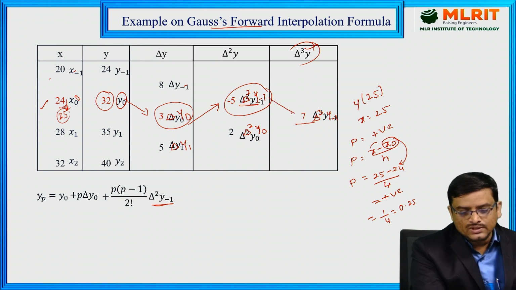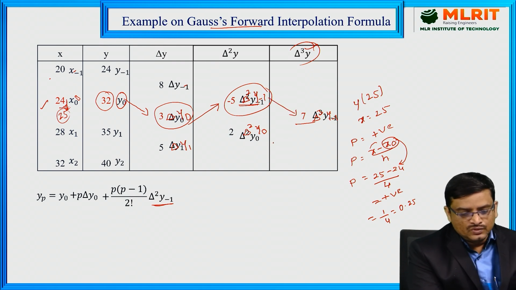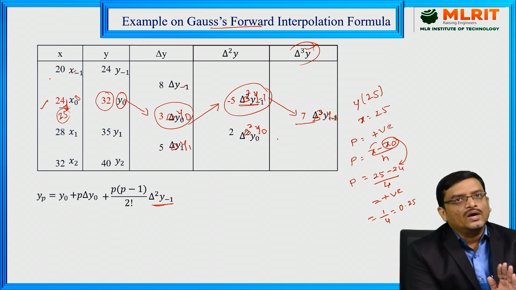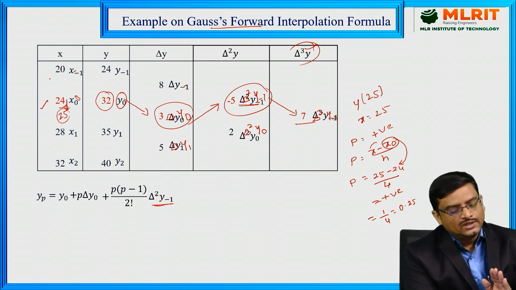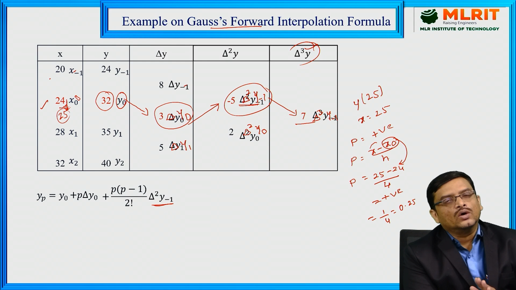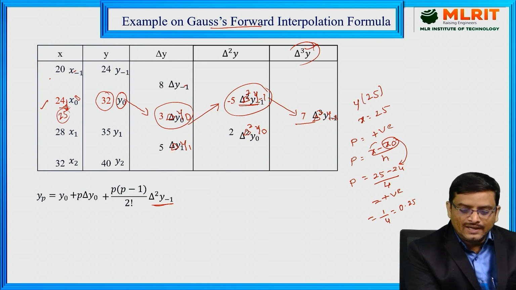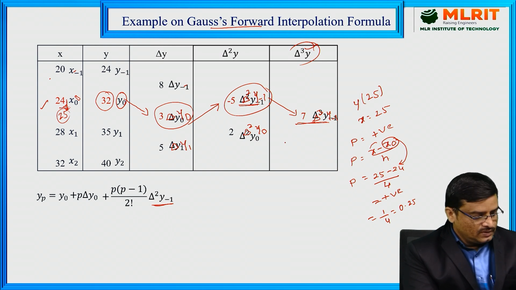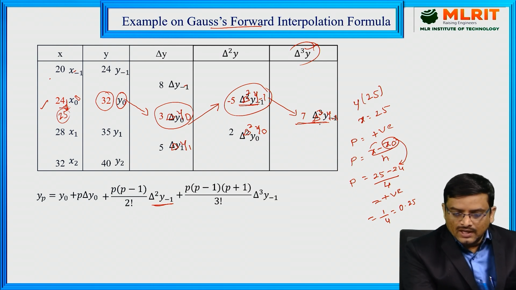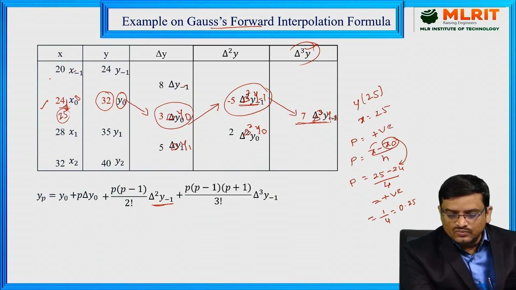Now move towards the downward direction here. One step we move downward, next step we move upward. Like this, alternately we have to move upward and downward until we get the last value. So our last value is represented with delta cube y suffix minus 1.